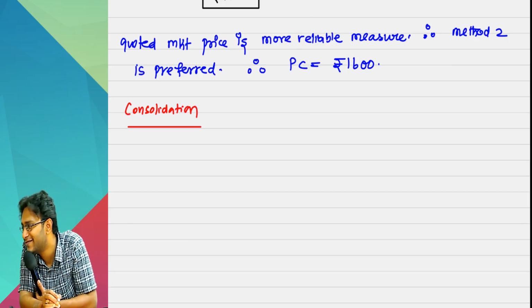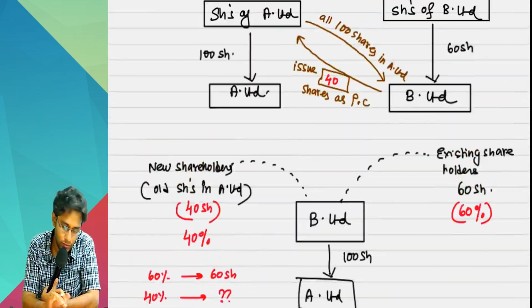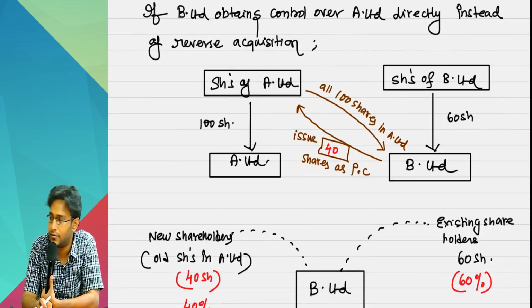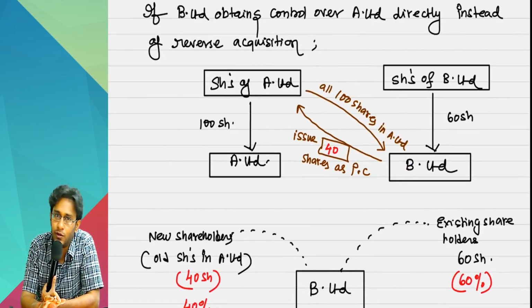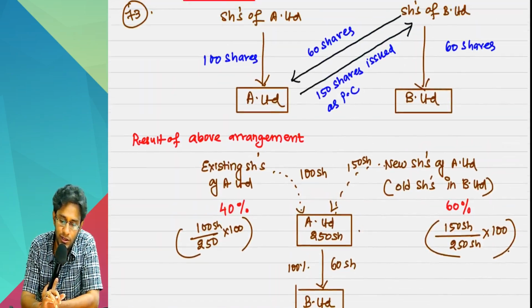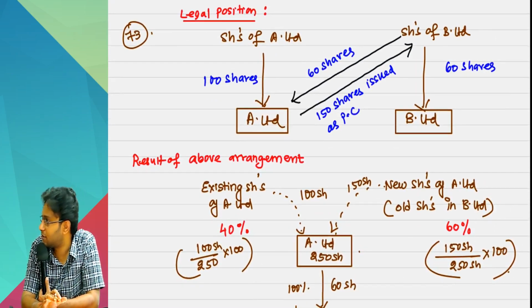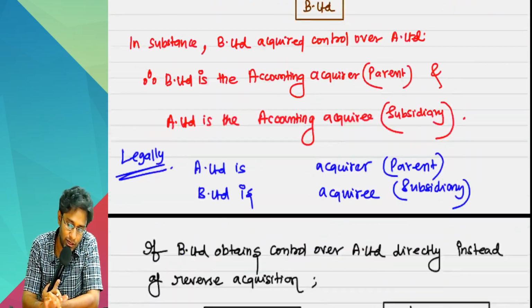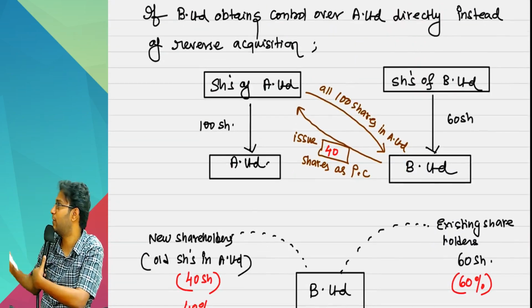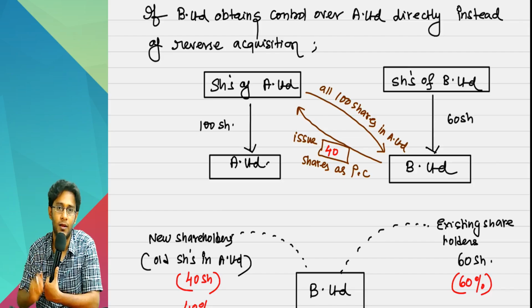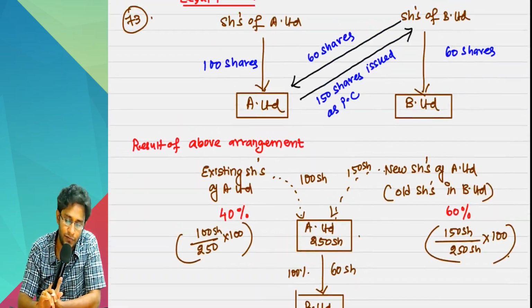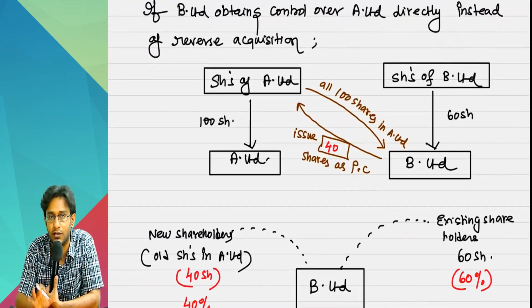Not the legal arrangement. Don't see the legal arrangement. The legal arrangement is just given to understand who got control over whom. You understood that, and the entire sum is based only on the second diagram, not on the basis of the first set of diagrams. The second diagram, the entire sum you have to solve.